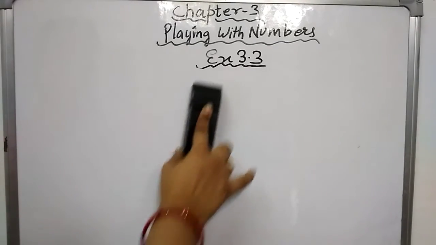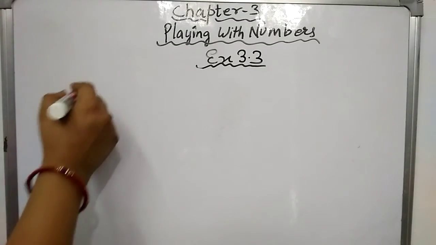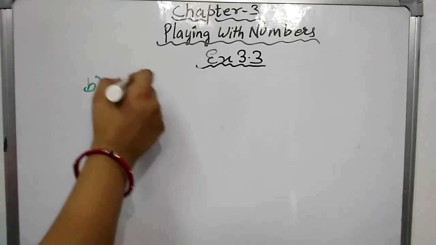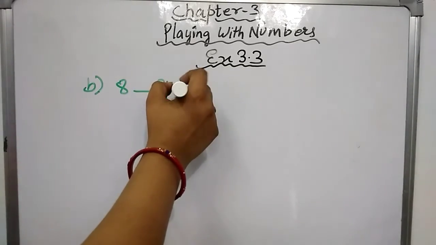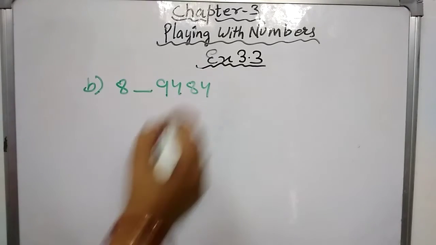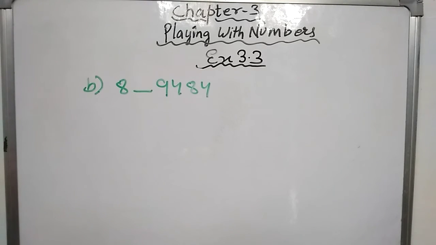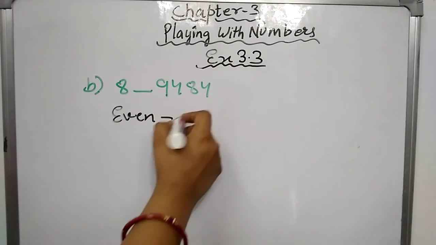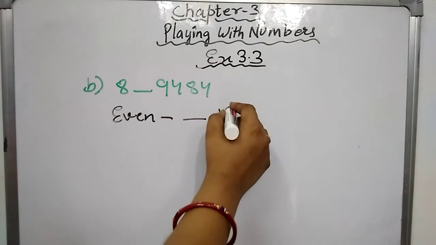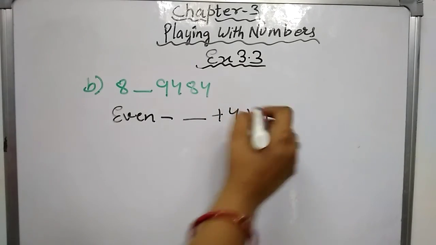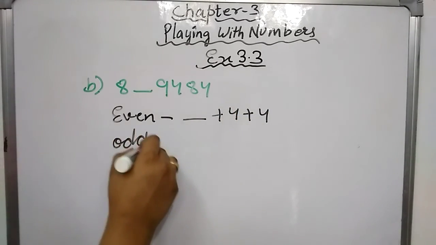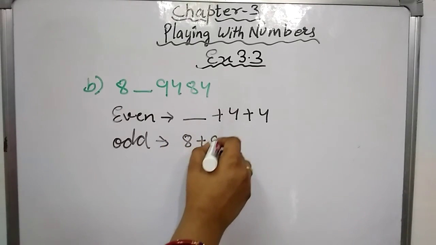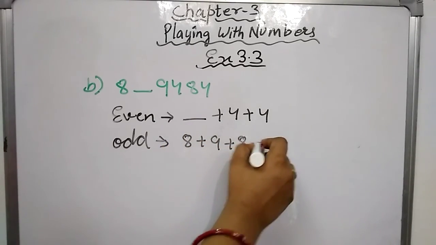Next part is this. Again we need to add even digits and odd digits. So even digits are the required digit plus 4 plus 4, and odd digits are 8 plus 9 plus 8.